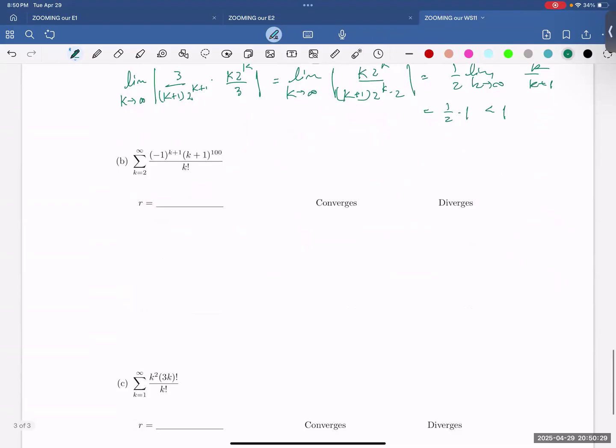Ratio test here. Limit as k goes to infinity, absolute value, negative 1 to the k plus 1. That's the k plus 1th term multiplied by the reciprocal of the kth term.